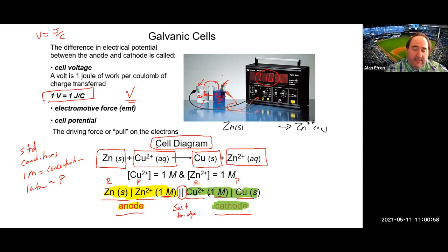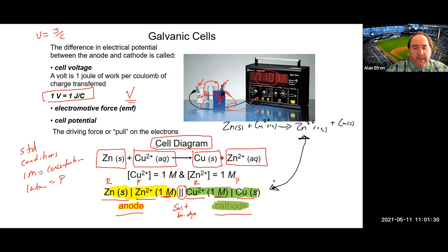Copper, the first one listed on the cathode side, would be a reactant, and copper on the product side would be a product, in this case. That's how you go from a cell diagram to an equation. You do need to be able to go both ways: take an equation and write a cell diagram, or have a cell diagram and write the equation from it. Any questions on that?